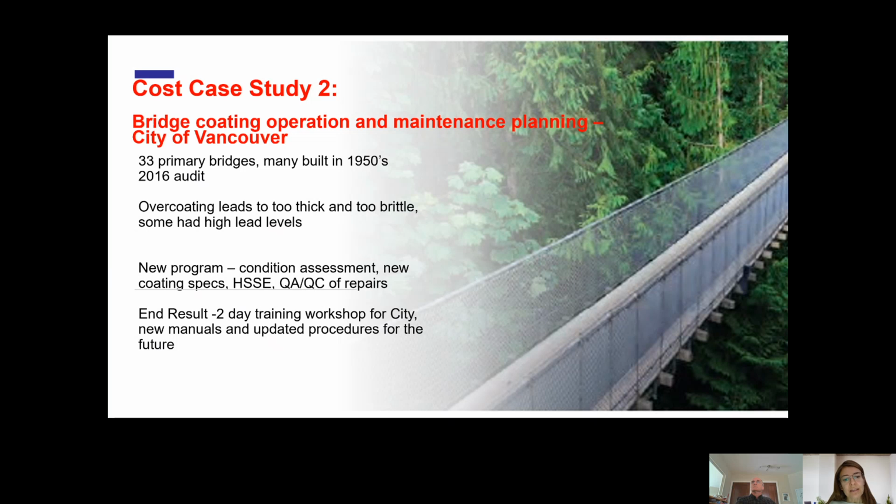This happened after someone read the first impact study, released in 2016, on how much corrosion costs in the world. They thought, maybe there is something here we can apply. And sure enough, they started doing the assessment of the bridges.